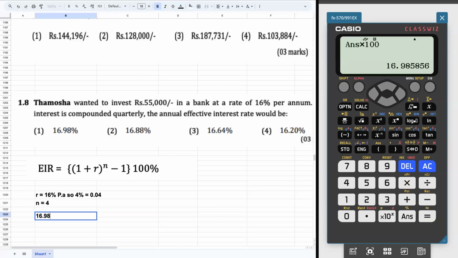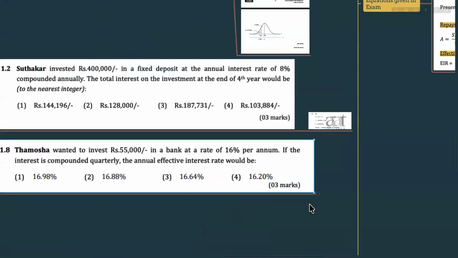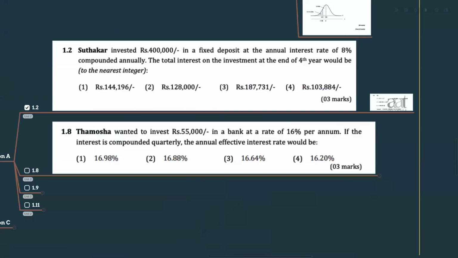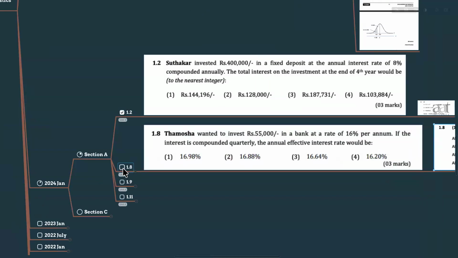So we can keep it 16.98, no? Because the 5 is there. So 16.98, that is going to be the first option. Yes, first option is the answer.